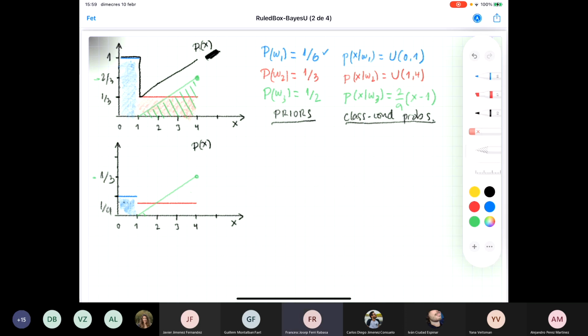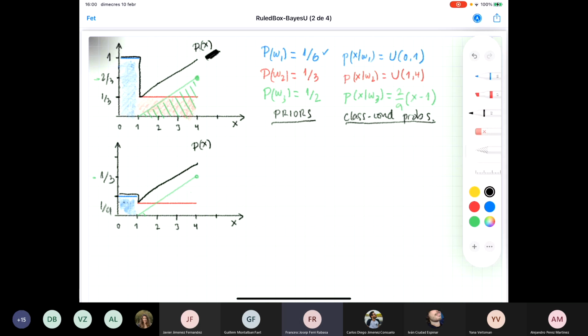So we have to do the same we have done here, but here. So the unconditional probability, in fact, is this value.